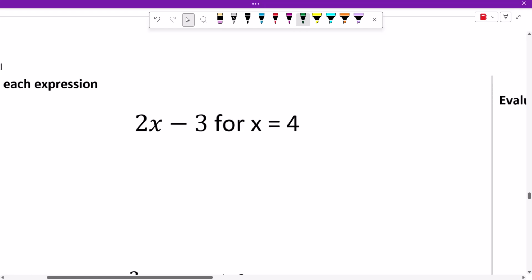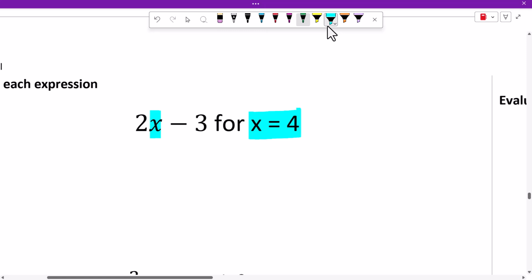And students struggle with it so much, but it fits nicely in with BEDMAS. Sometimes you're given a statement and a value for the letter, right? So here we have a statement, 2x minus 3, and it says the value for x is 4. So it's asking you to calculate. What you need to do is wherever you see x, we stick in the value, right?